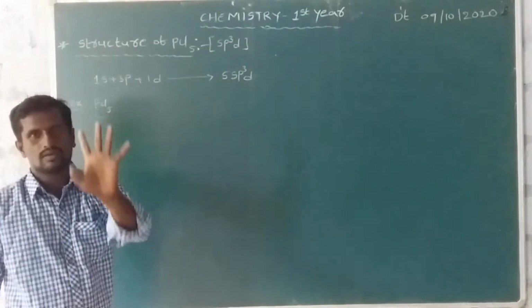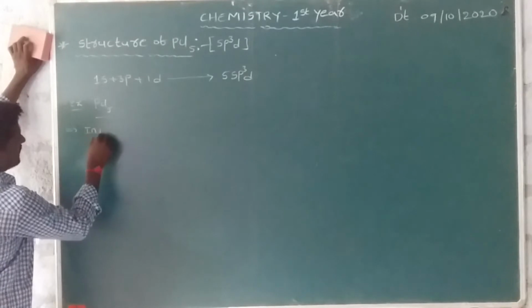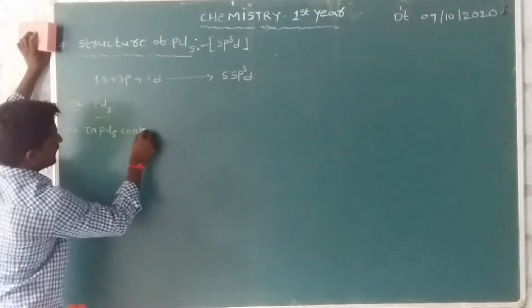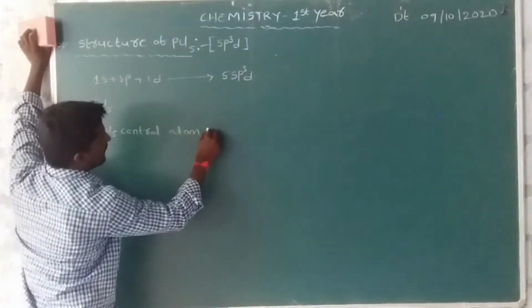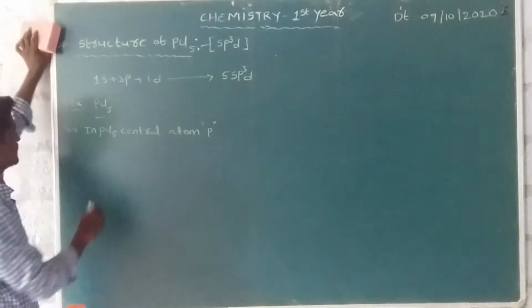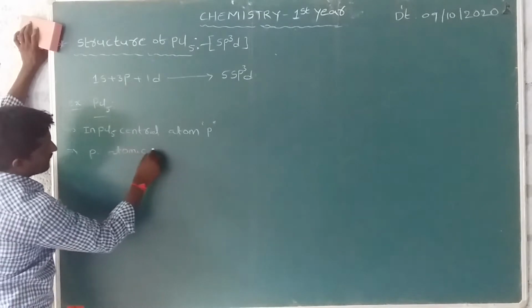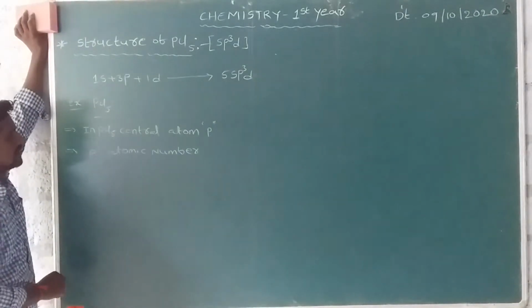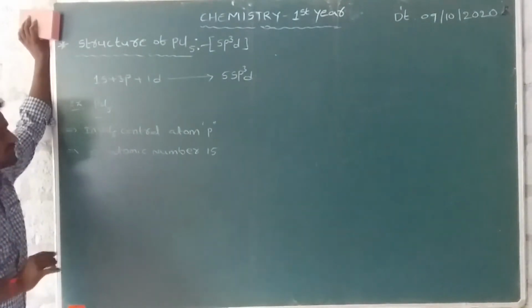First point: in PCl5, the central atom is phosphorus. Second, phosphorus atomic number is 15.